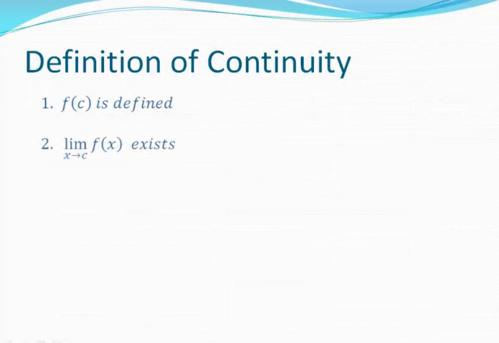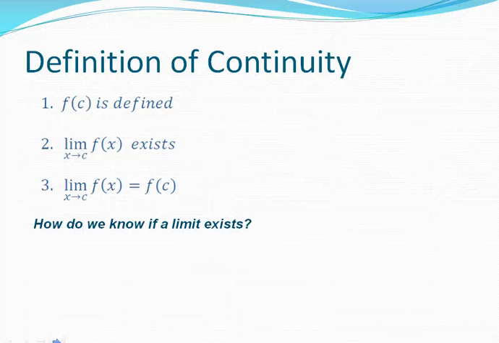Secondly, I want to be able to find the limit of my function as x approaches c. I want to be able to evaluate my limit. And finally, if my limit as x approaches c is equal to the actual value that I found when I plug that c in, then I can definitely say that my function is continuous.